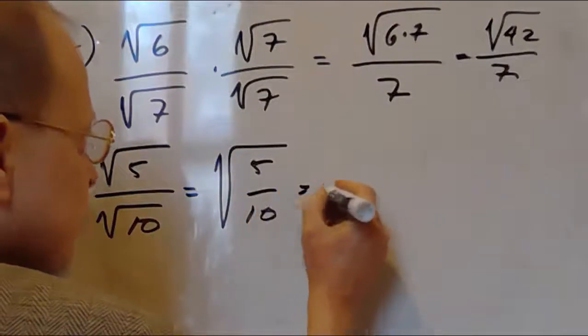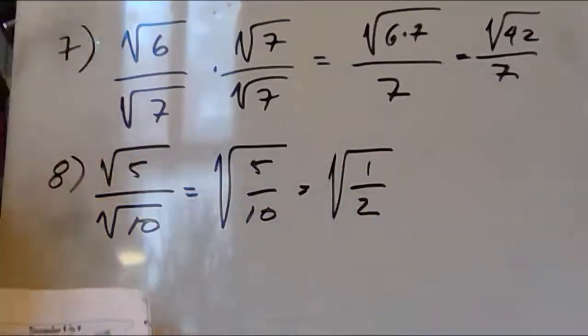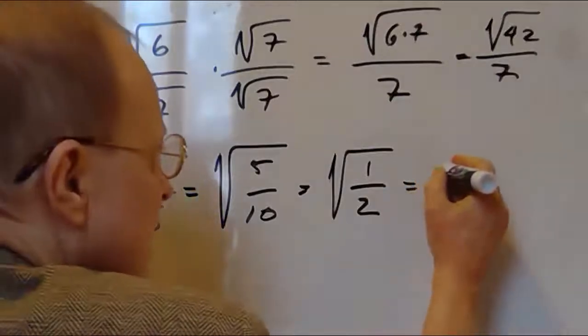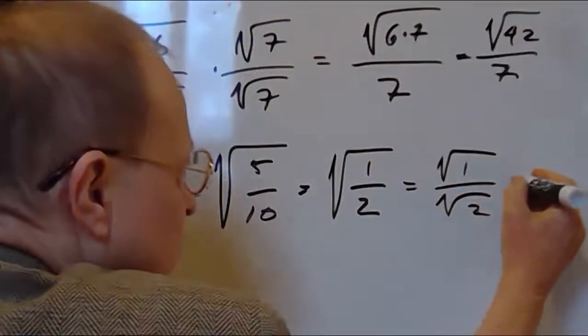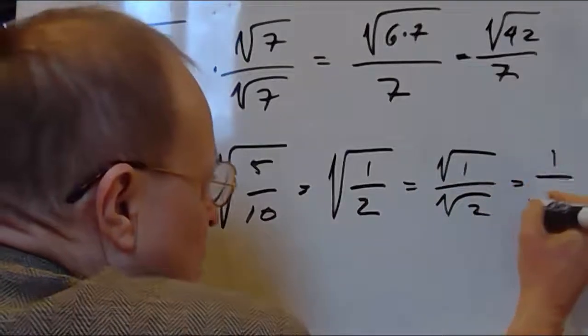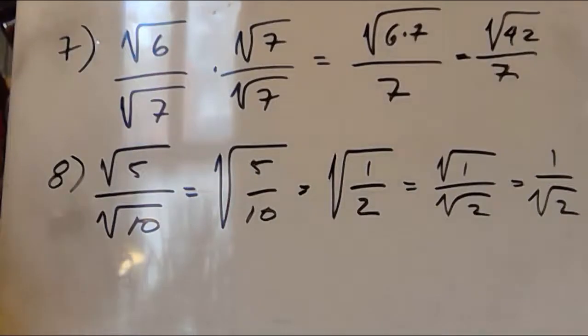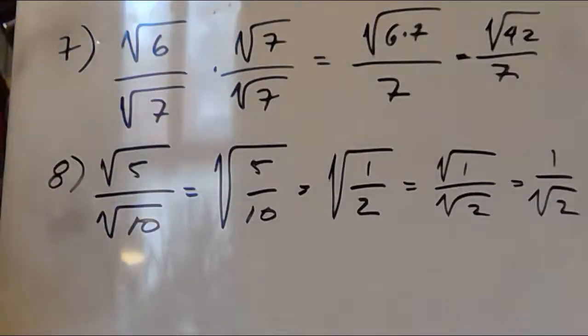And I can see that that would be the same thing as 1 over 2, which would be the same thing as the square root of 1 over square root of 2, which would be equal to 1 over square root of 2. Now, I believe we saw something like this earlier, but I'll work through it again because it's not in its proper form.